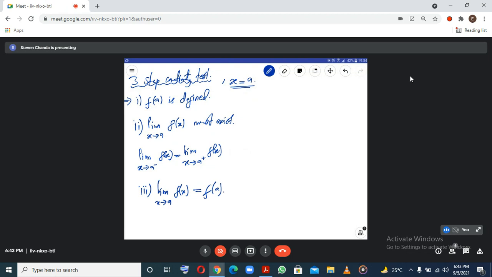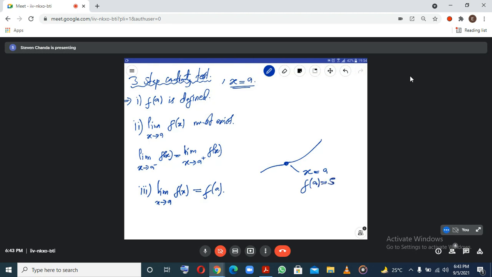So for this example that I gave, here is our point, x equals a, and the value when you plug it in is 5.